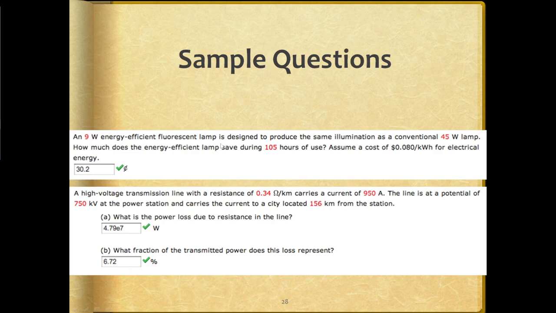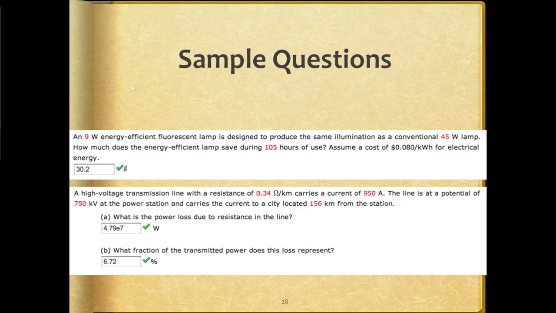A 9-watt light bulb or 9-watt lamp produces the same illumination as a 45-watt lamp. How much does the energy efficient lamp save you over 105 hours of use? Assume 0.08, that would be 8 cents per kilowatt hour. That's a pretty good rate. To work this one, you basically want to figure out how much more energy the higher wattage lamp uses.